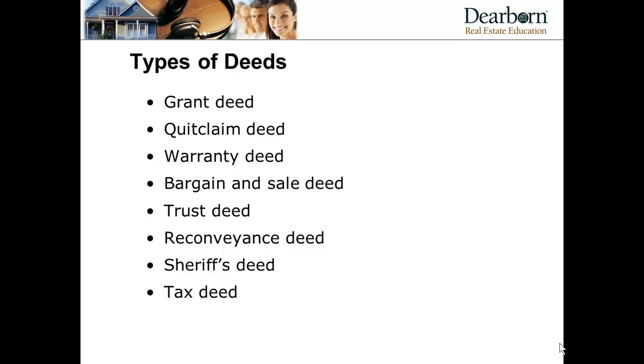And then the tax deed, if the government takes back the property because taxes haven't been paid, then that's used to transfer it to a new owner who will pay those back taxes. So again, I think the key ones to remember are the grant deed, certainly the quitclaim deed, and the trust and reconveyance deeds. Those are the ones you'll typically see in real estate appraisal practice.